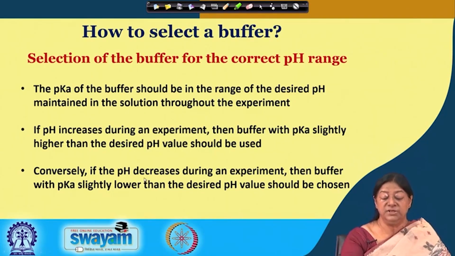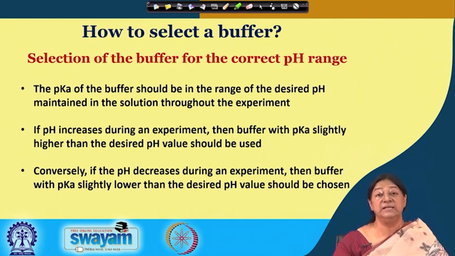So, if the pH decreases during an experiment, then the buffer with pKa slightly lower than the desired pH value should be chosen. If the pH increases during an experiment, then the buffer with slightly higher pKa than the desired pH value should be used.